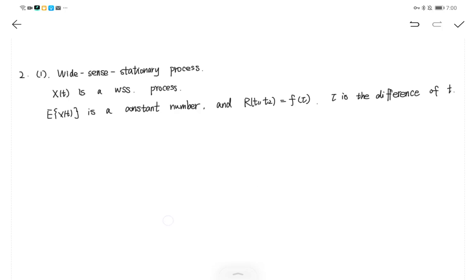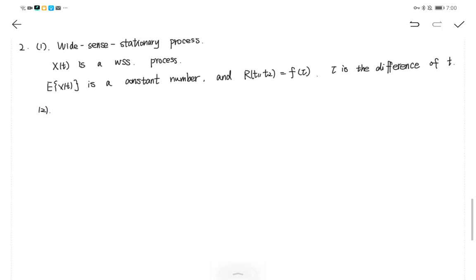And second, we talk about independent increment process.